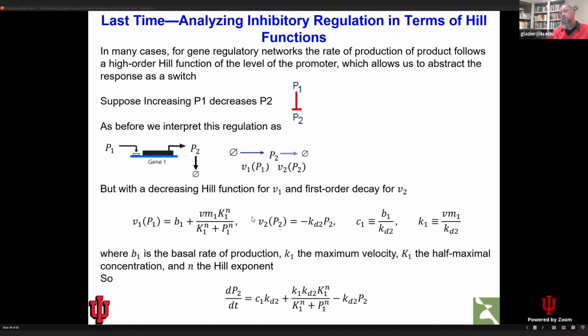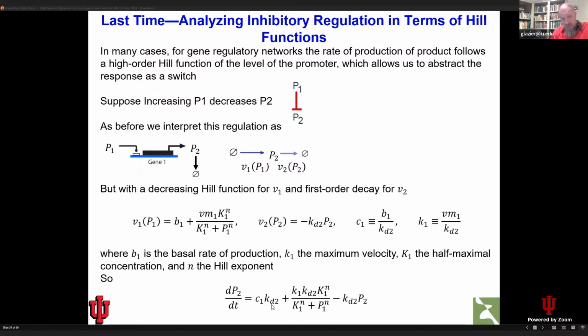And what that means is that I really want to write Vmax and the decay rate as a ratio, proportionality, so that things are well behaved. And so very often you'll do that. You'll define a decay constant, KD2, which is the decay rate of the chemical. And then you'll rewrite the basal rate of metabolism and also Vmax in terms of KD2.